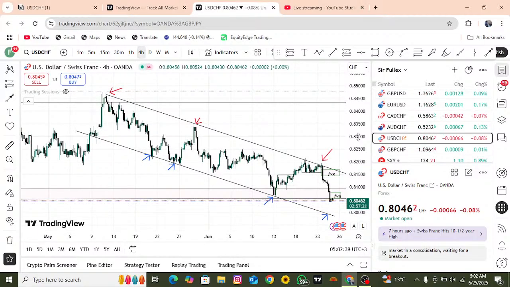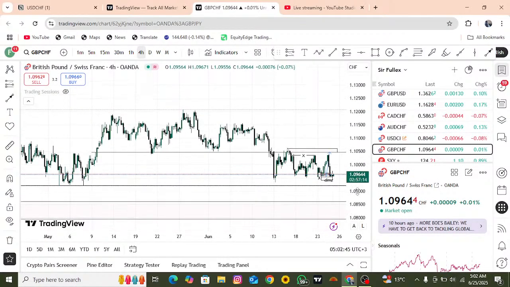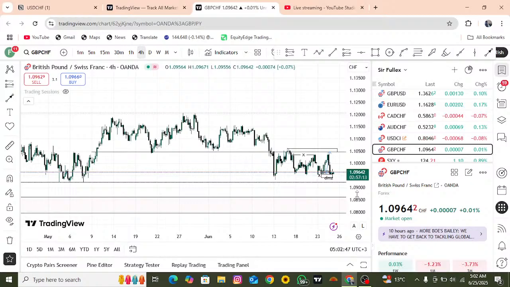Right, okay, let's go to another pair. This one I already looked at, and it has not yet played out, although I can try to relook at it. So what was I expecting? I think this one we did.